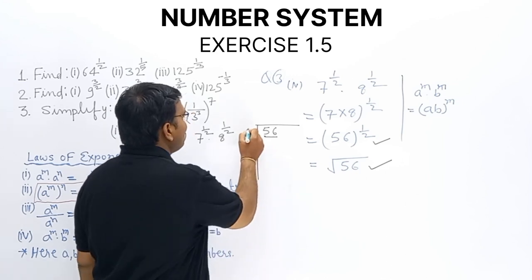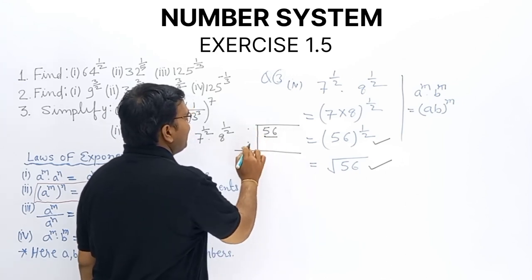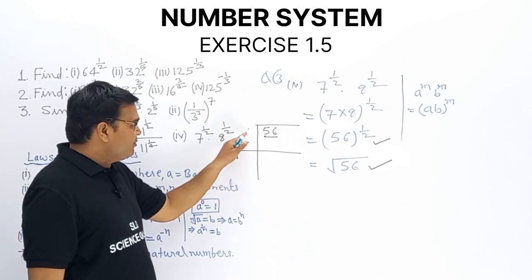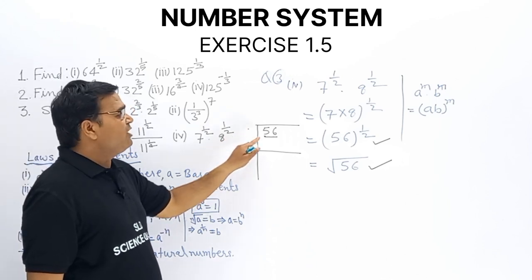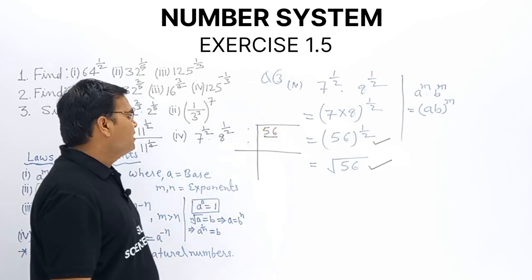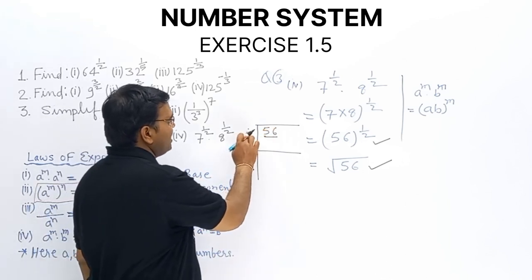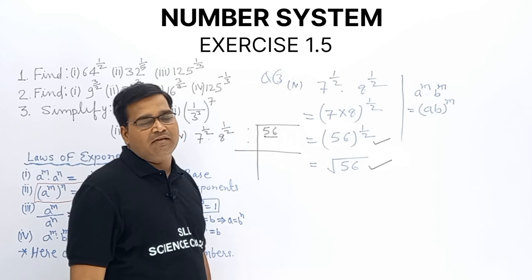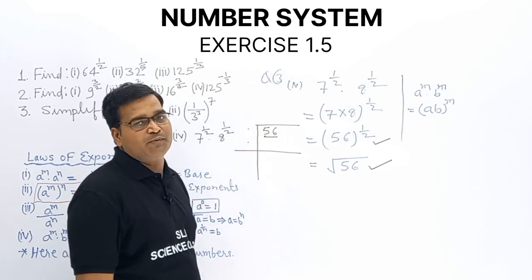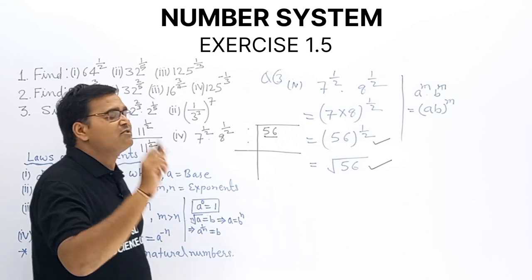Now use 2 same numbers there, multiply both numbers and put the result there. The multiplication of both numbers should be below or equal to this one, not more than this one. When we use 8 and 8, 8 into 8 is 64, and 64 is more than this one, so we cannot use 64.